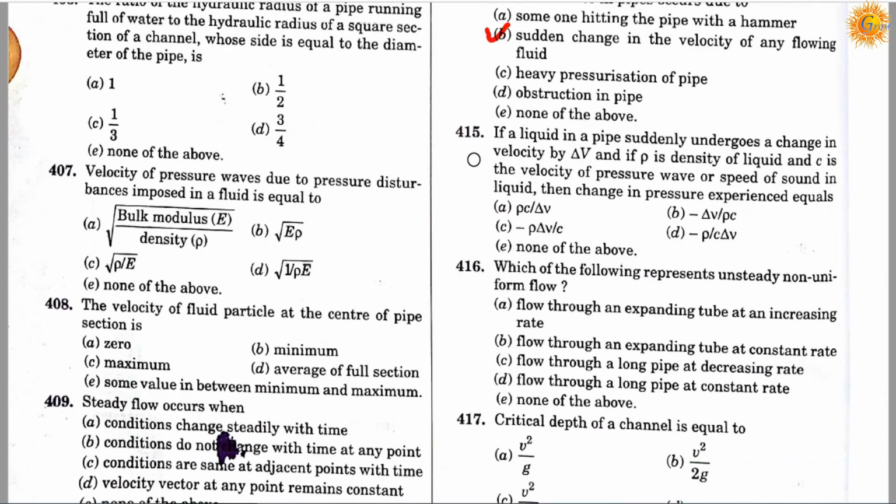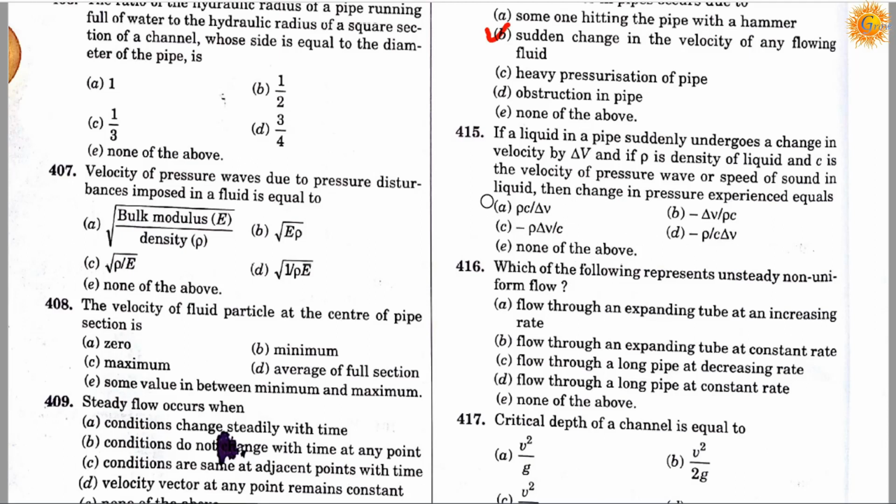Question number 415. If a liquid in a pipe suddenly undergoes a change in velocity by delta V, and if rho is density of liquid and c is the velocity of pressure wave or speed of sound in liquid, then change in pressure experienced equals: option A, rho C upon delta V; option B, minus delta V upon rho C; option C, minus rho delta V upon C; option D, minus rho upon C delta V; and option E is none of the above.